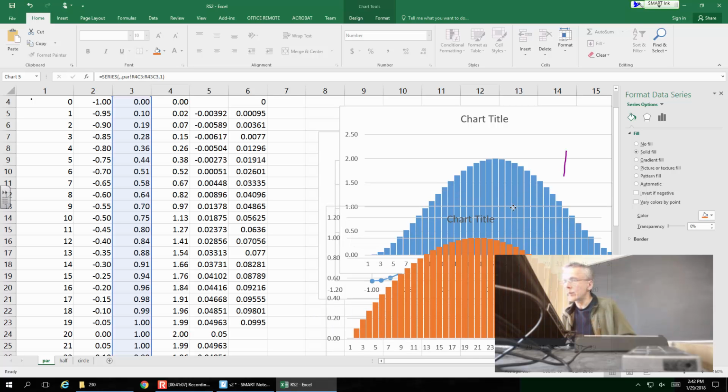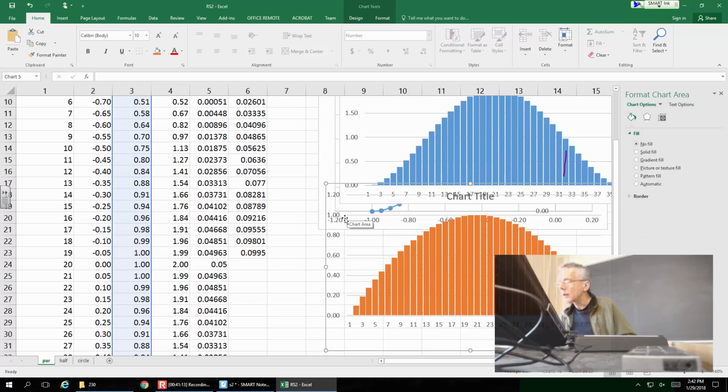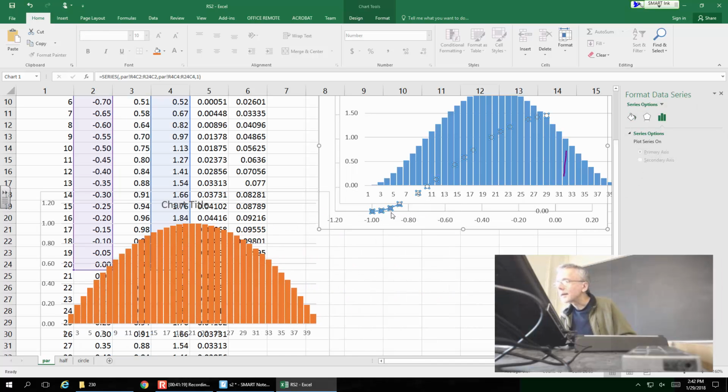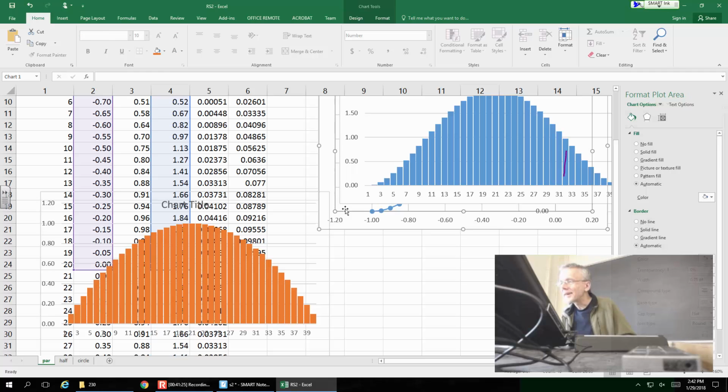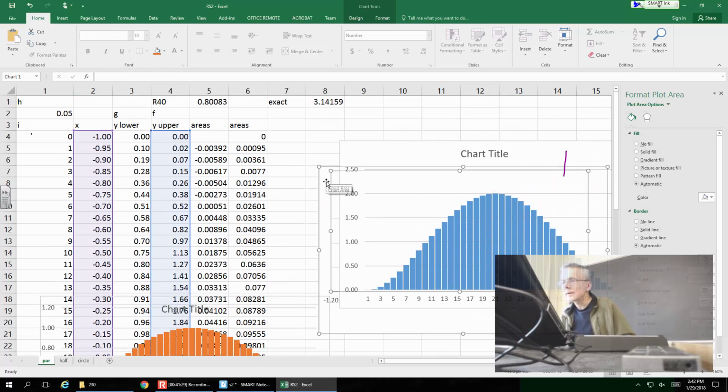Why does it look like a parabola? What happened here? What is that? I didn't remember plotting that. Let me move this. Hold on, why doesn't it look like a parabola?